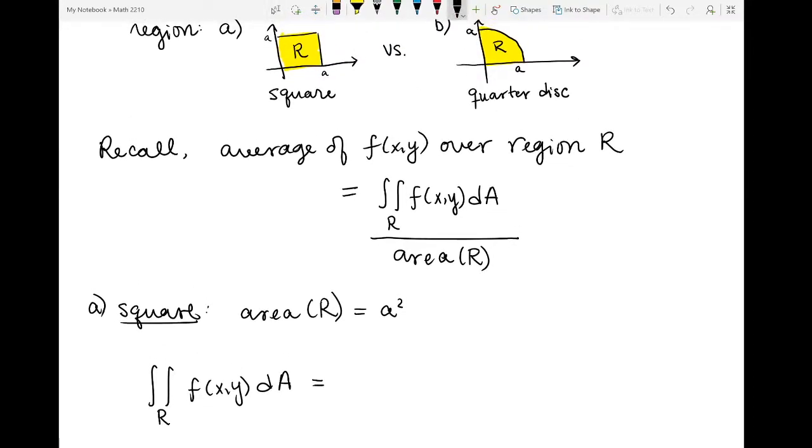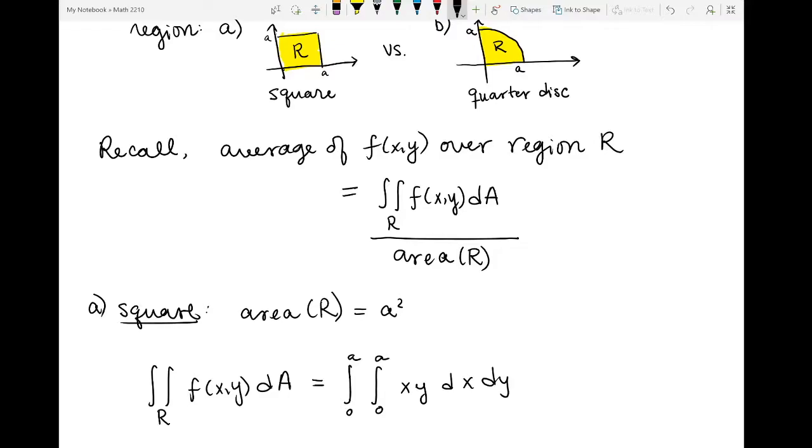Then I can say this is going to be the integral of the function, now it's x times y, and since we're doing Cartesian, we'll do dx dy. Now we need to think about the limits. The limits in the x direction are going to be from 0 up to a, and similarly in y, it will also be from 0 up to a. So we write in our limits now that we know what they are.